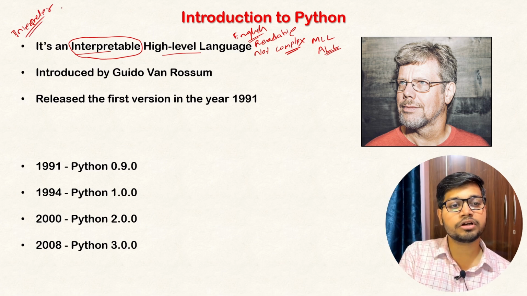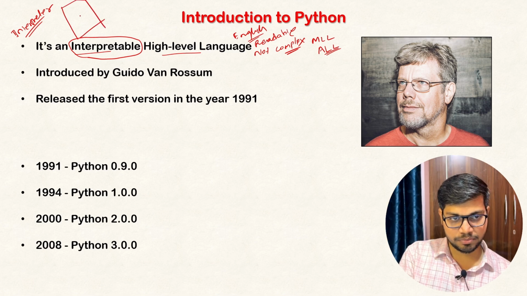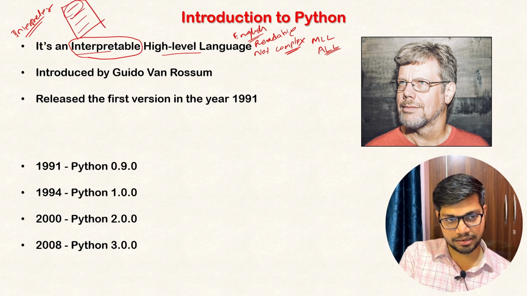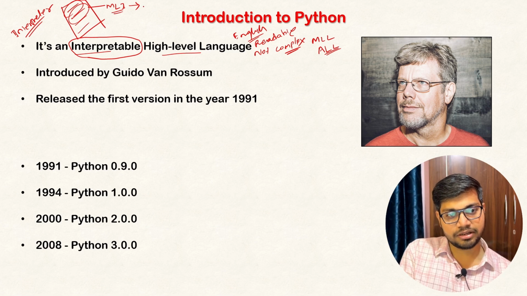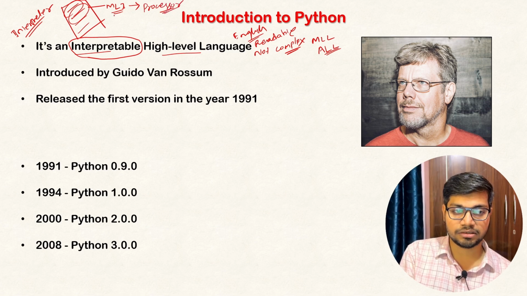Then how does the interpreter work? The interpreter works line by line. It parses line by line and converts to machine level instruction, then that machine level instruction is given to the processor for further execution of that instruction.